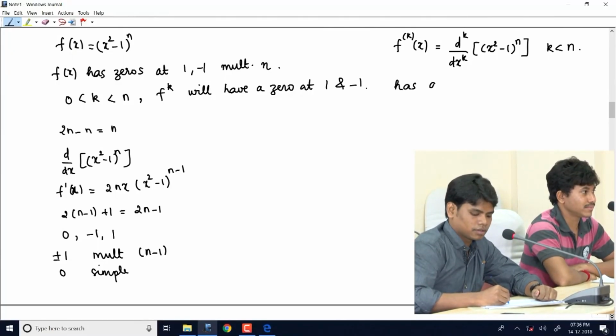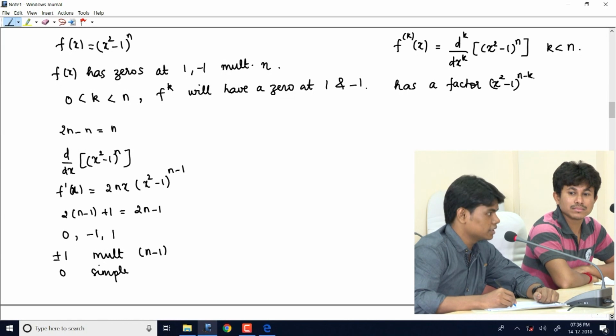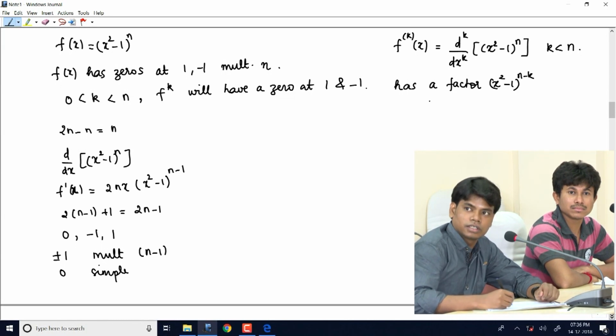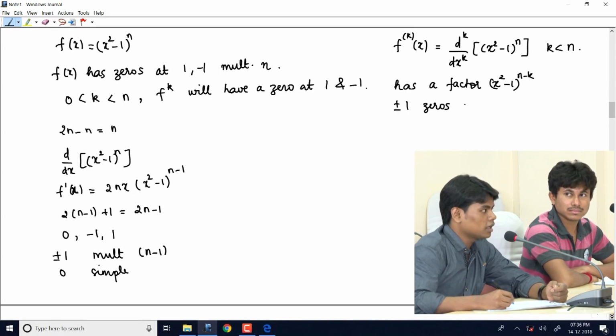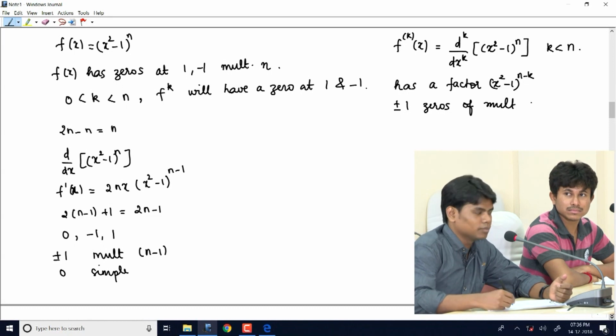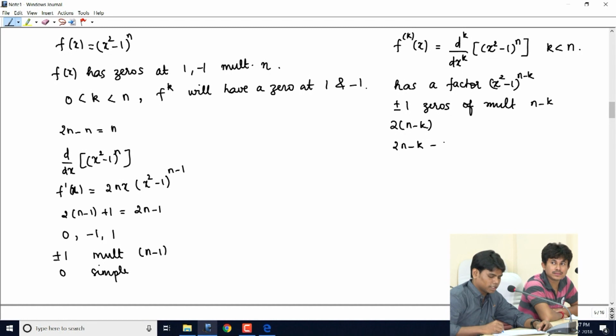The kth derivative of f has a factor (x² − 1)ⁿ⁻ᵏ. So 1 and −1 are zeros of the kth derivative, each of multiplicity n − k. Therefore this accounts for a total of 2(n − k) zeros. We have to look for the other zeros: 2n − k − 2(n − k) equals k zeros.